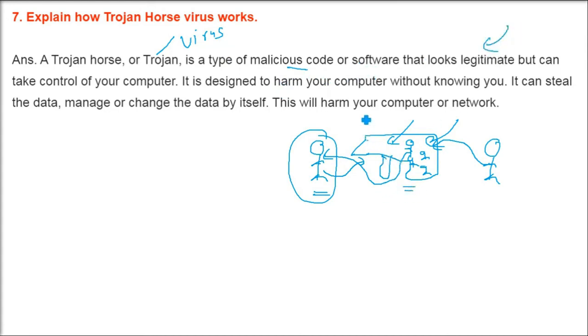But it is going to take control of your computer. This is specially designed to harm your computer without you even knowing that you are attacked. You are under the influence of this malicious code. It can steal your data. It can manage your data. It can change the data by itself. This will harm your computer, your network, and whatnot.